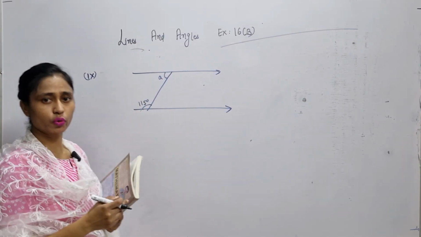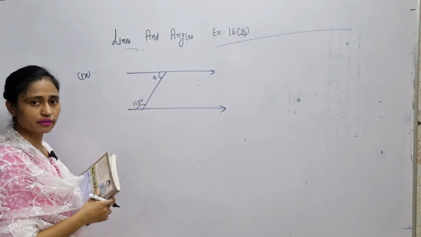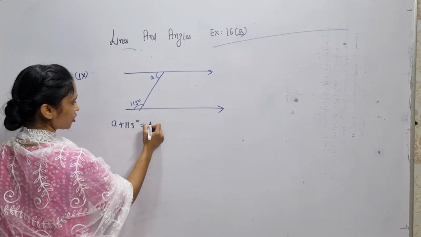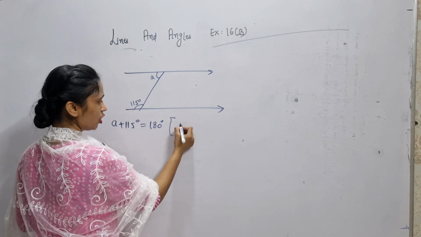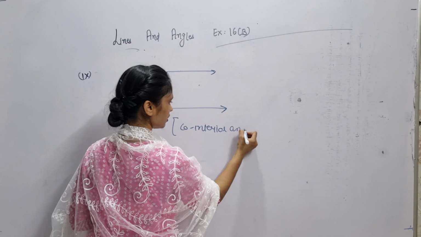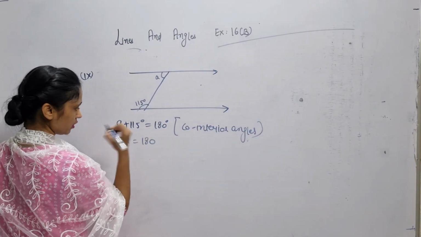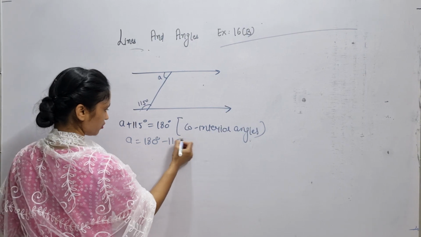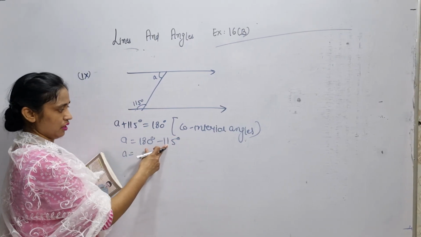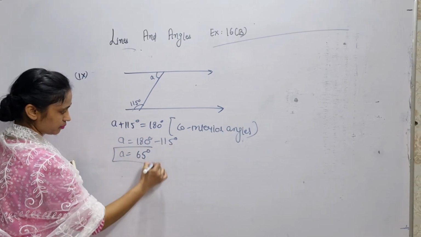These two are co-interior angles, and we know that co-interior angles are supplementary, means A plus 115 degrees is equal to 180 degrees. You will write the reason: co-interior angles. A will be equal to 180 minus 115 degrees, which is 65 degrees.